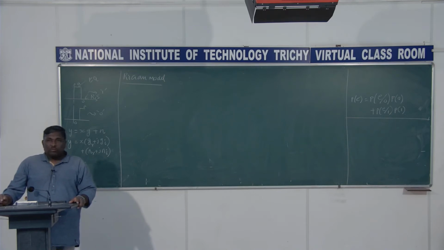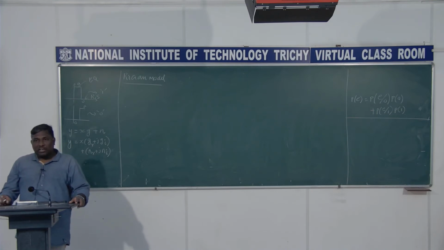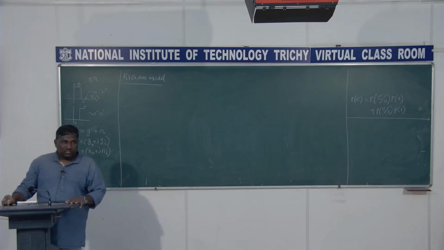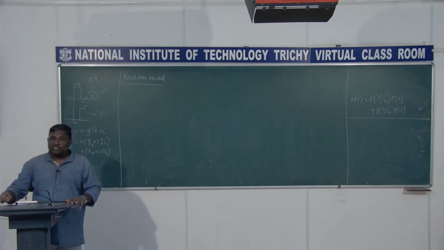But now in the case of Richian, it is different. The means for g_r and g_i are not going to be identical. They are different, because one of the paths is the line of sight path.